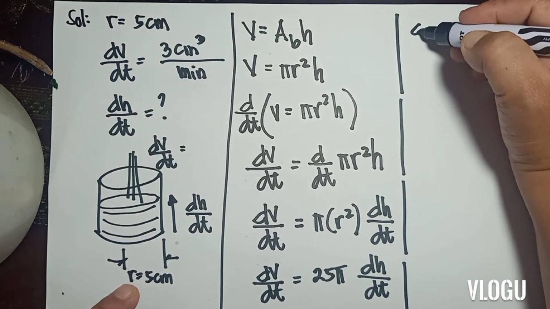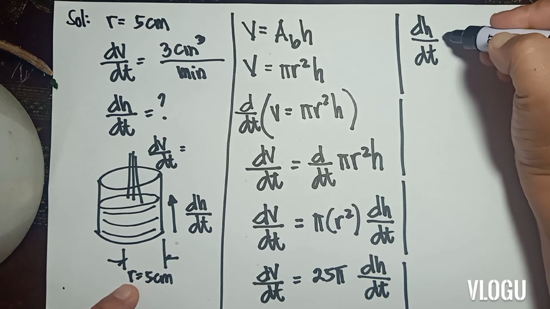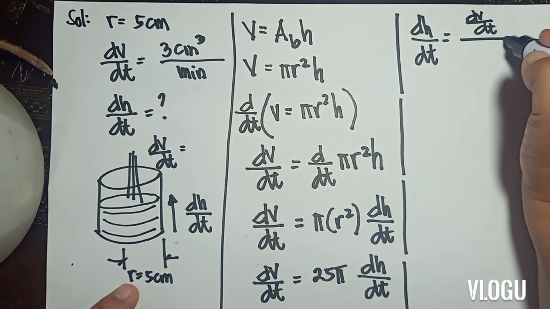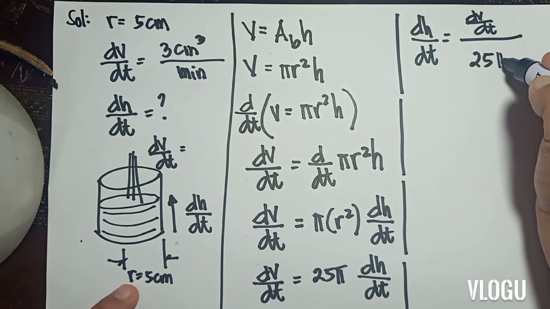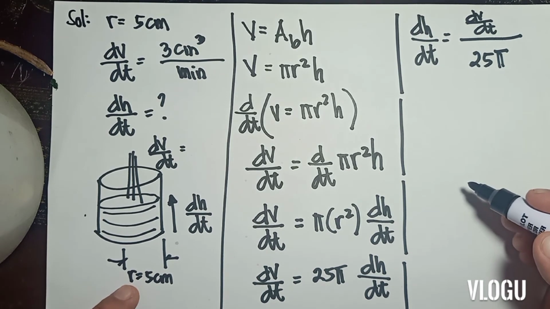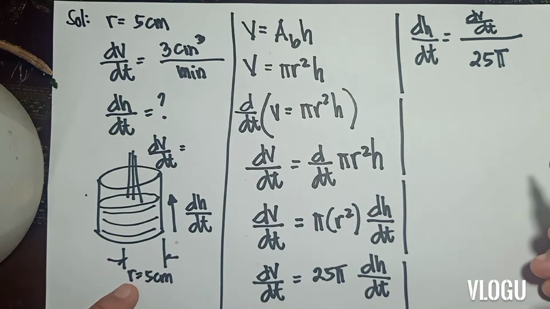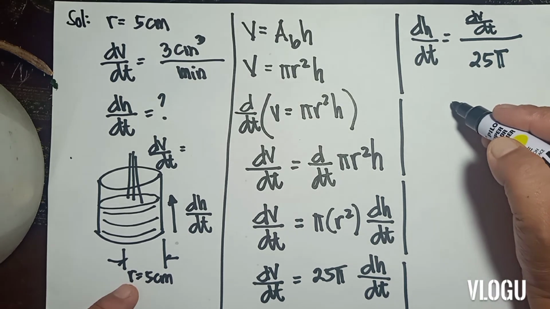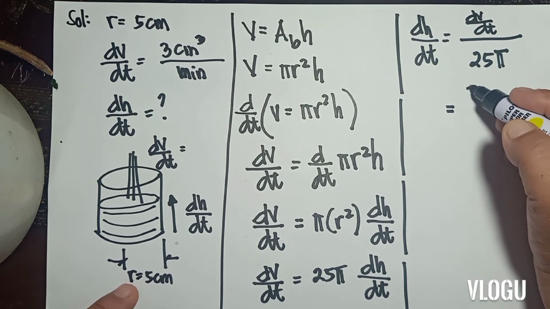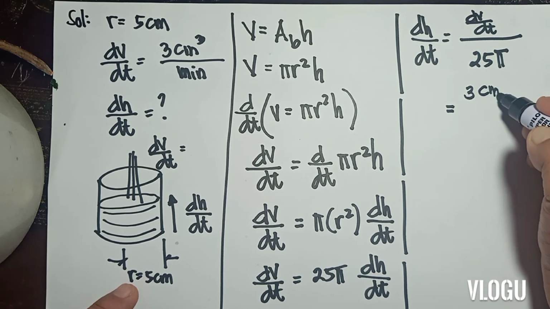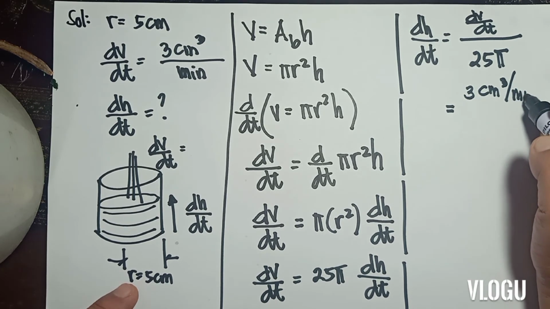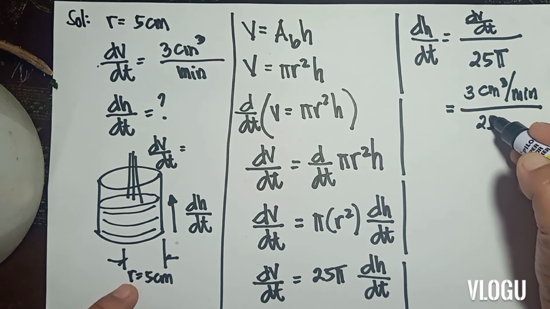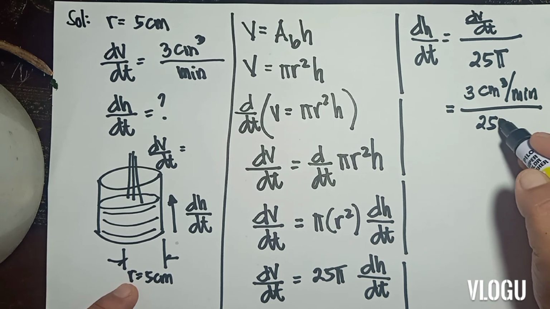So therefore, dh/dt is equal to dV/dt over 25 pi. And what is dV/dt? dV/dt is equal to 3 cubic centimeters per minute. So you will have 3 cubic centimeters per minute divided by 25 pi.